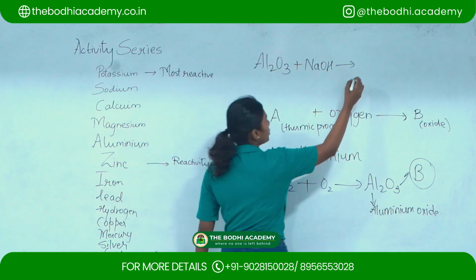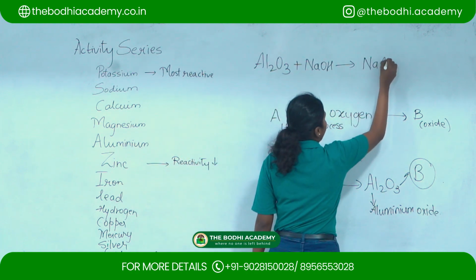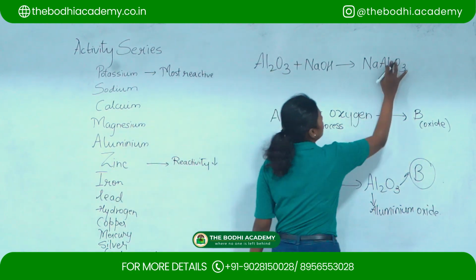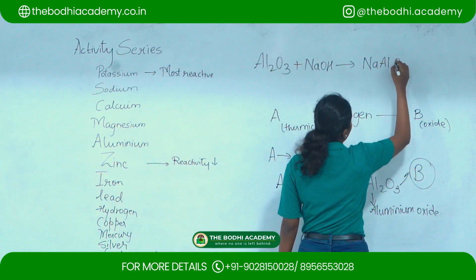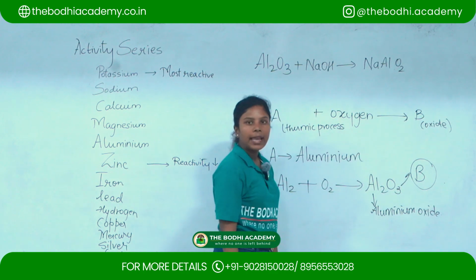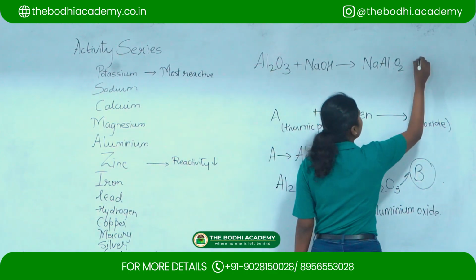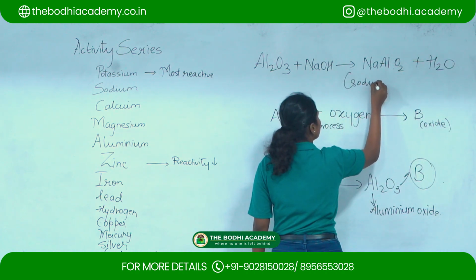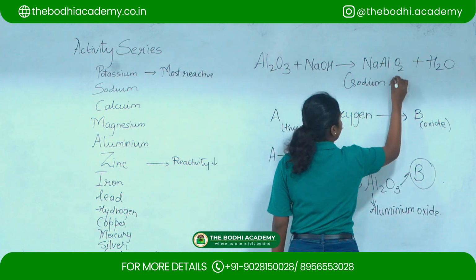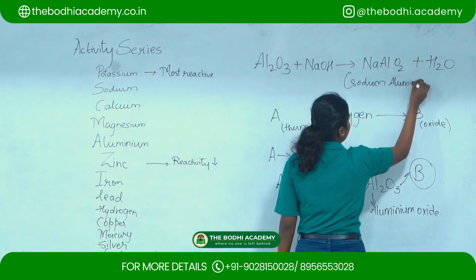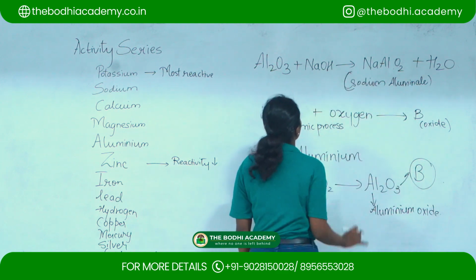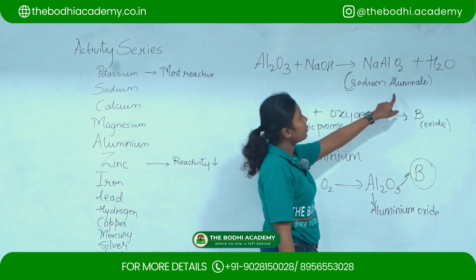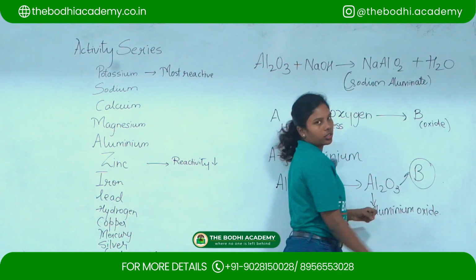Over here we are going to get NaAlO2, which is sodium aluminate, plus we are going to get water. So when we react aluminium oxide with NaOH, we get sodium aluminate plus water.